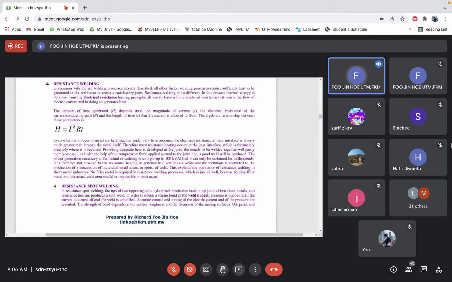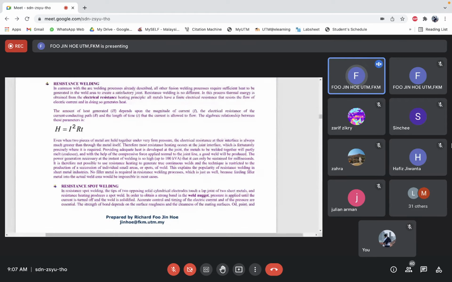Some are very good electrical conductors, some are not. So this process basically explores fully the resistance properties of this metal.